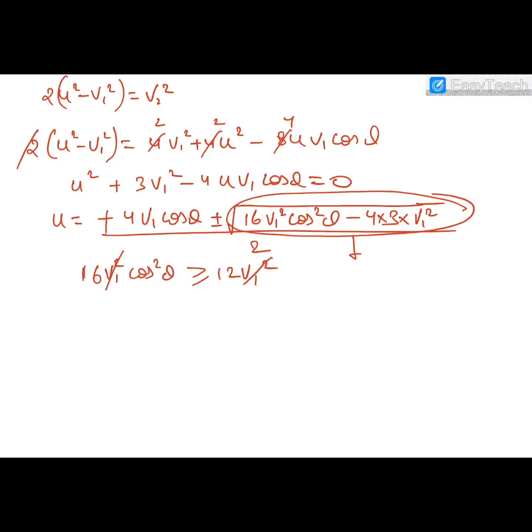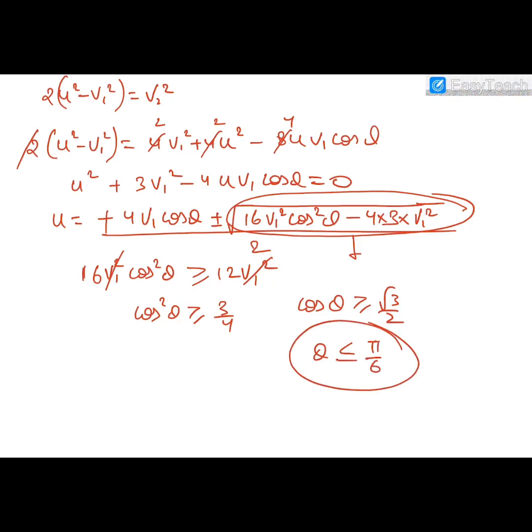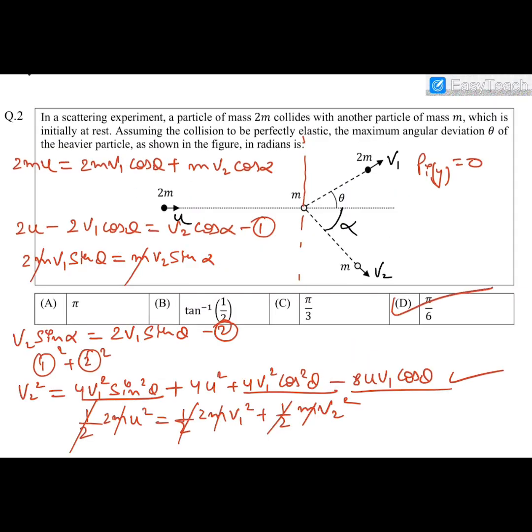Cancelling v1 square, cos square theta should be greater than or equal to 3 by 4, and cos theta should be greater than or equal to root 3 by 2. So theta should be less than or equal to pi by 6. So the maximum scattering angle will be pi by 6. Now let us move on to the next question.